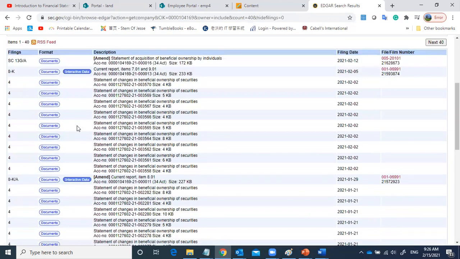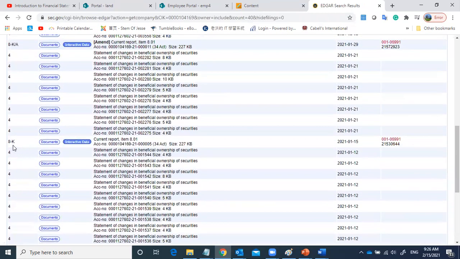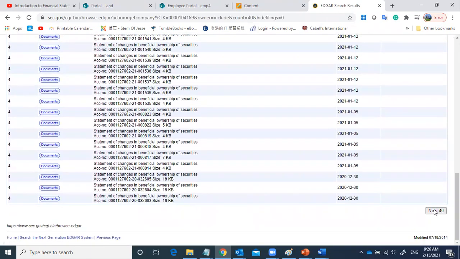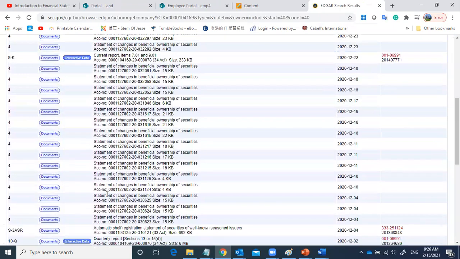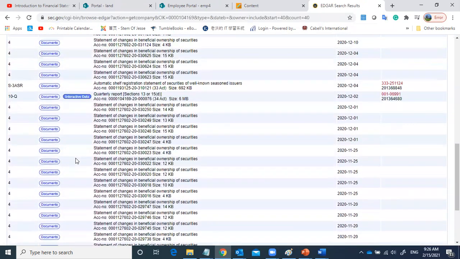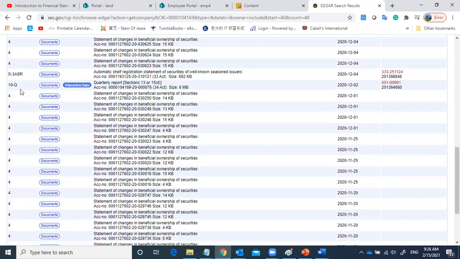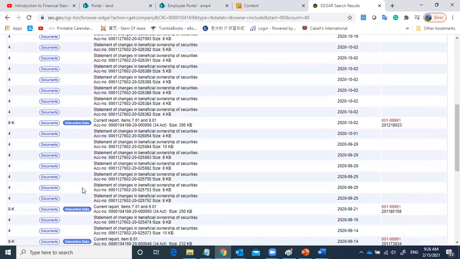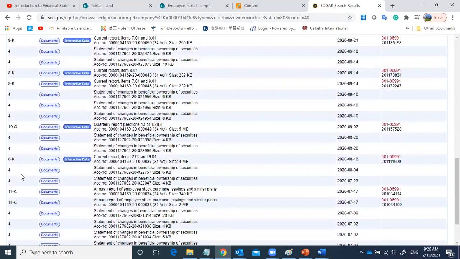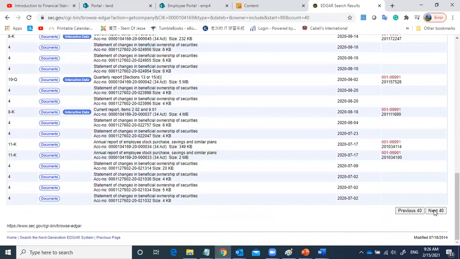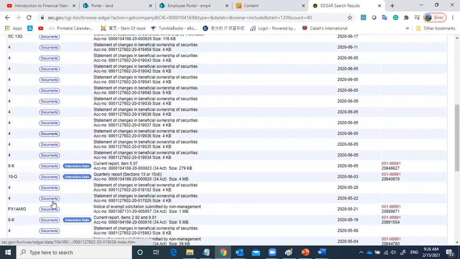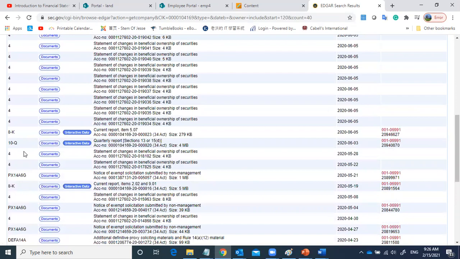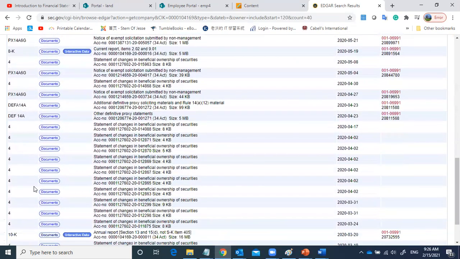So you have all those different kinds of forms. You have the 8K, the 10K form, and the 10Q form. The 10Q form is a quarterly financial report, and the 10K form is the annual report. You can find the forms you need.